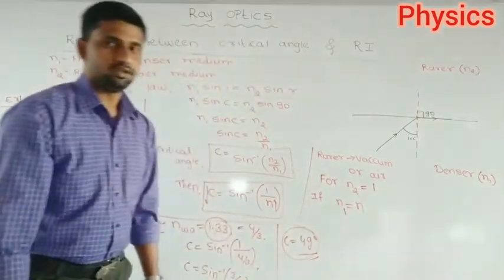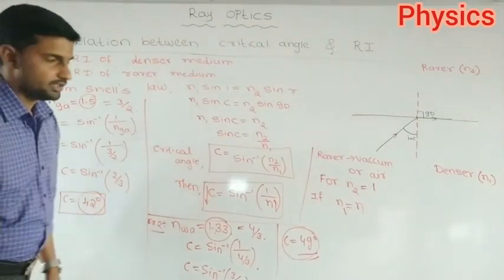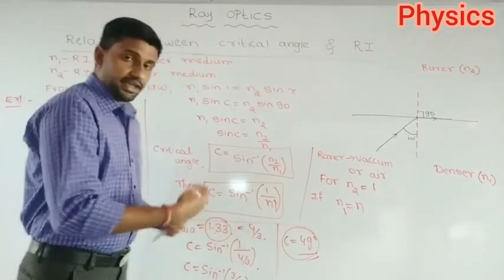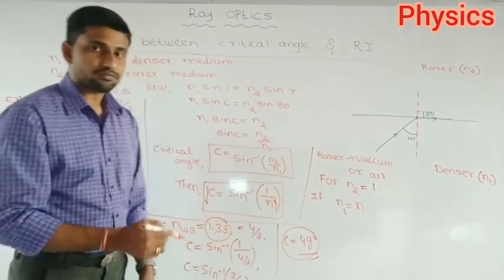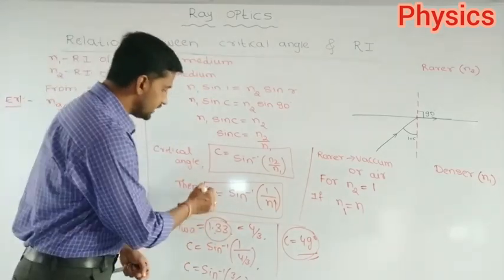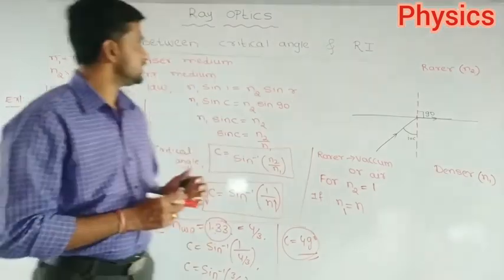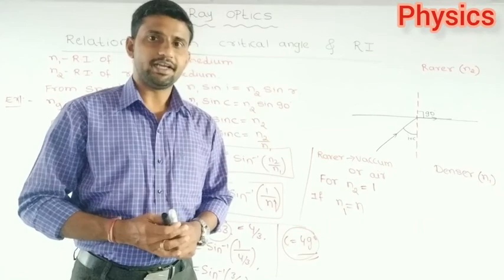So from this equation, I can tell that if the refractive index of the medium is more, then the critical angle will be less. That is about the relation between the critical angle and the refractive index of the medium.